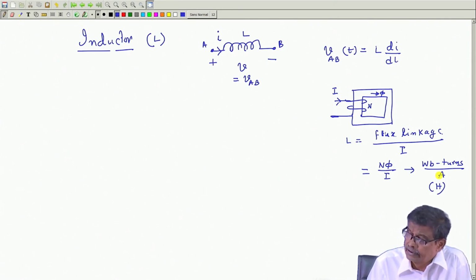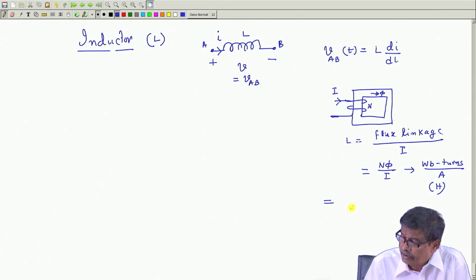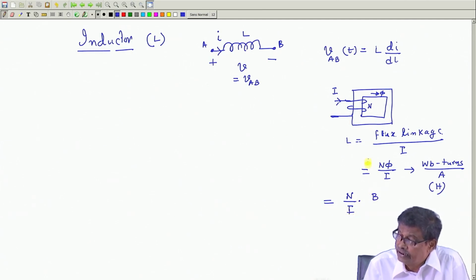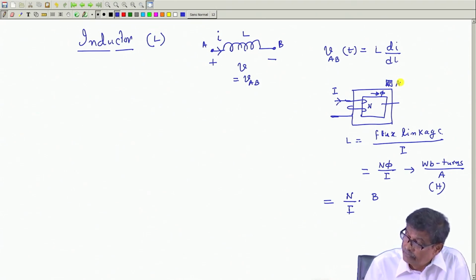Anyway, this is the thing. And to find out how physically it will depend, you can find it in any book you consider. Phi is nothing but flux density into cross sectional area of this magnetic path. So, L is N times B into A by I.